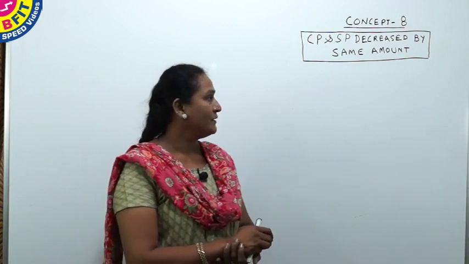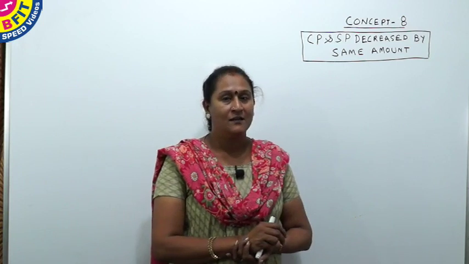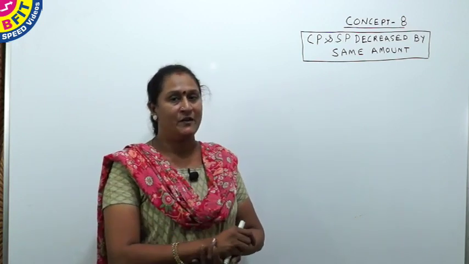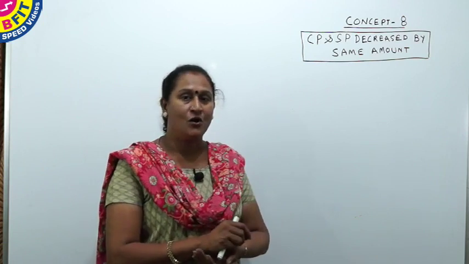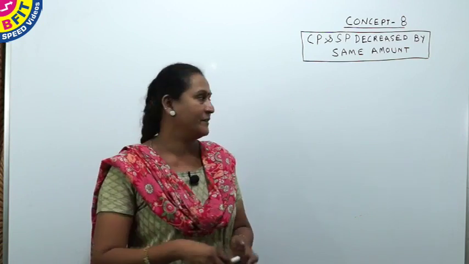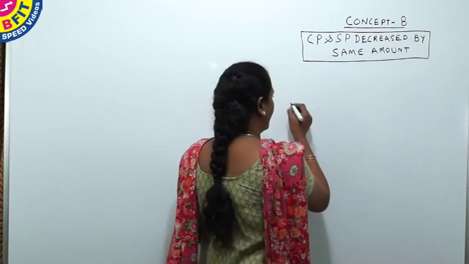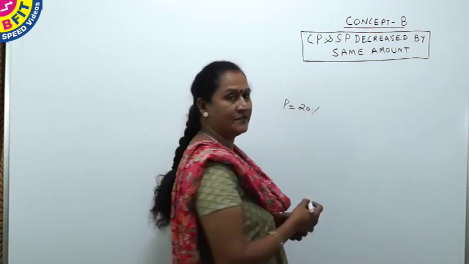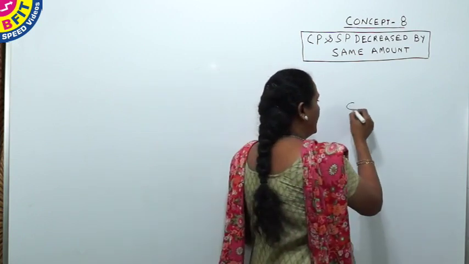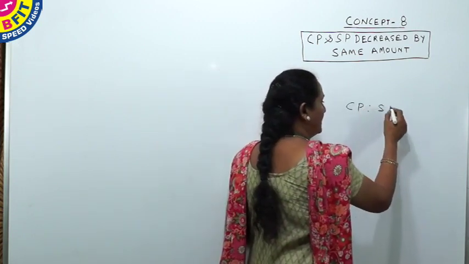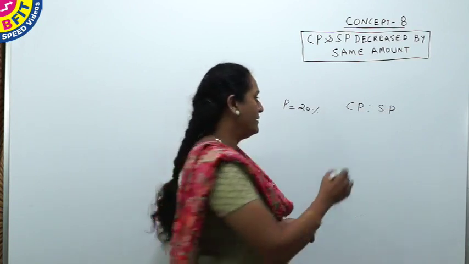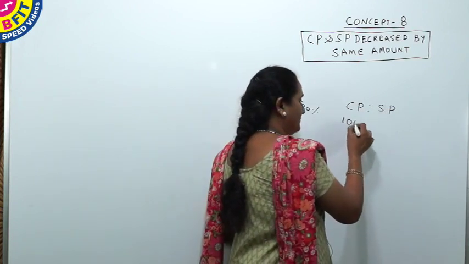First it is given that the person earns 20% profit. So using this profit percent, we'll get the ratio of cost price and selling price. When profit is given in percentage, we'll take the base as 100.